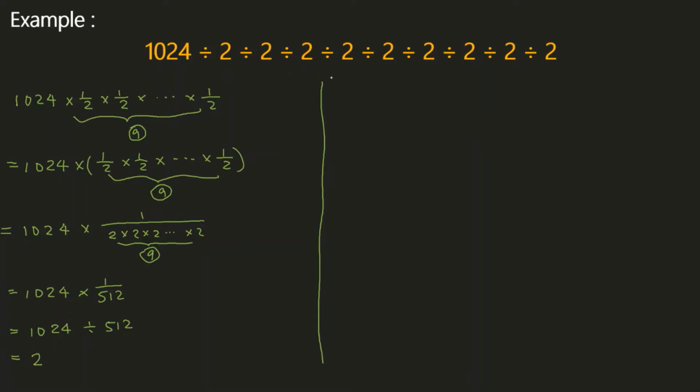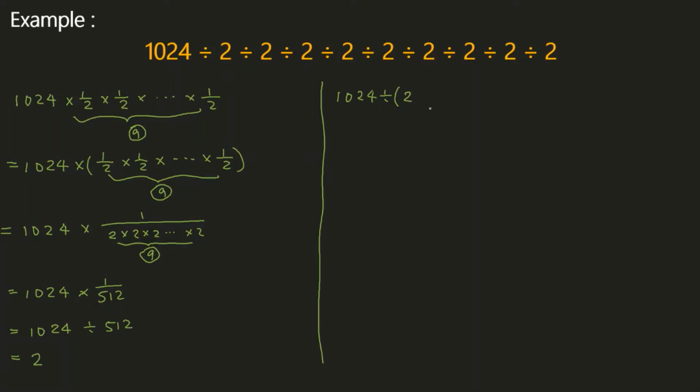Now let's try to solve this again using a different method that we just talked about. We want to group all the 2's together by putting the parentheses around them. Now the place where we're inserting the parentheses has a divide sign in front of it. So that means after grouping, all the divides inside these parentheses need to be converted into multiplication. So what we have is 1024 divided by 2.